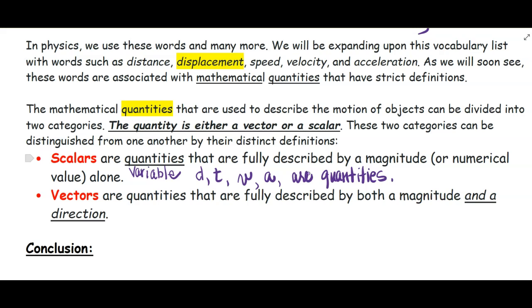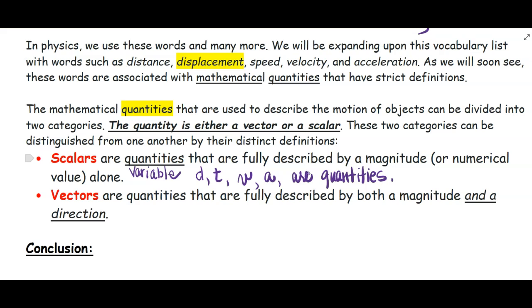Time always has seconds or minutes or hours. Those are the units. And velocity, miles per hour is what we normally use, like miles per hour south to Tucson, miles per hour north to Prescott.